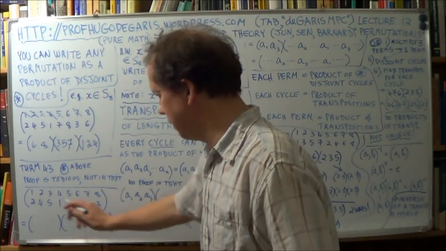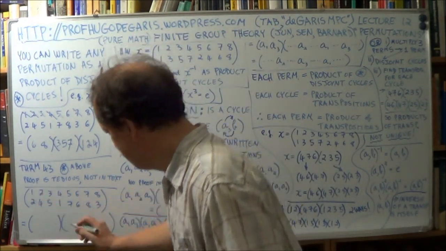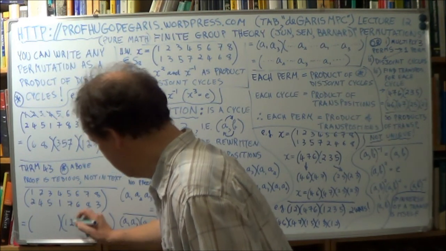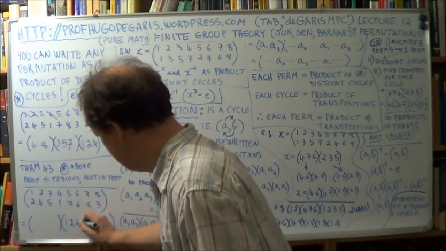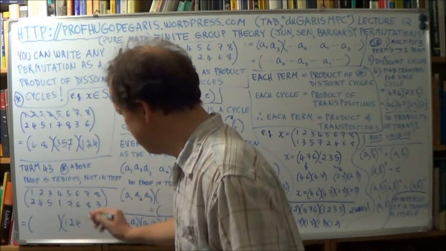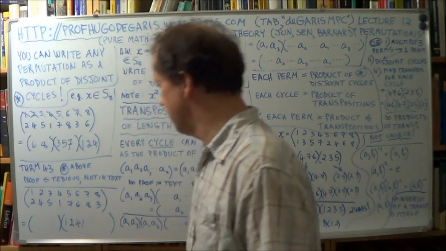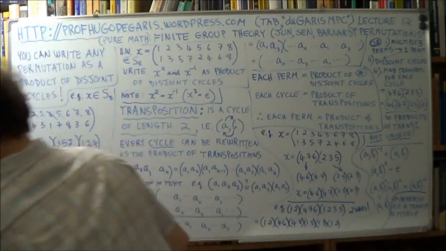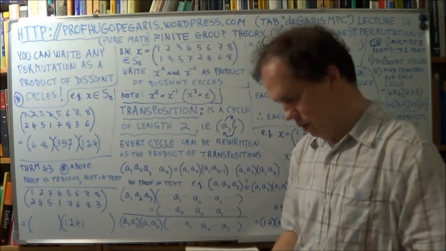Well, let's find the cycles. So 1 goes to 2, 2 goes to 4, 4 goes to 1. Okay, so there's one cycle.